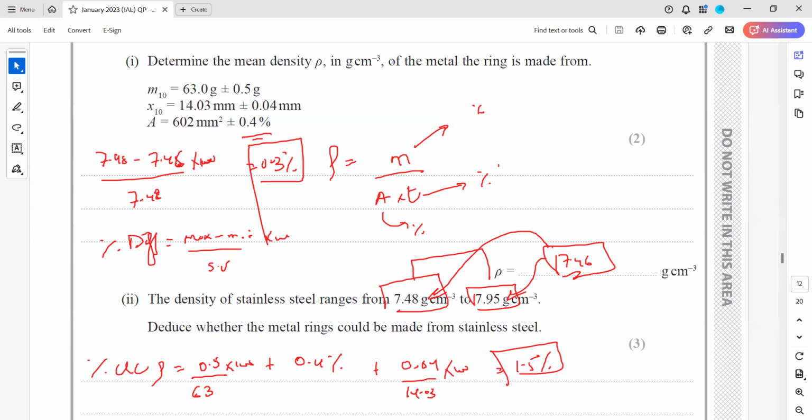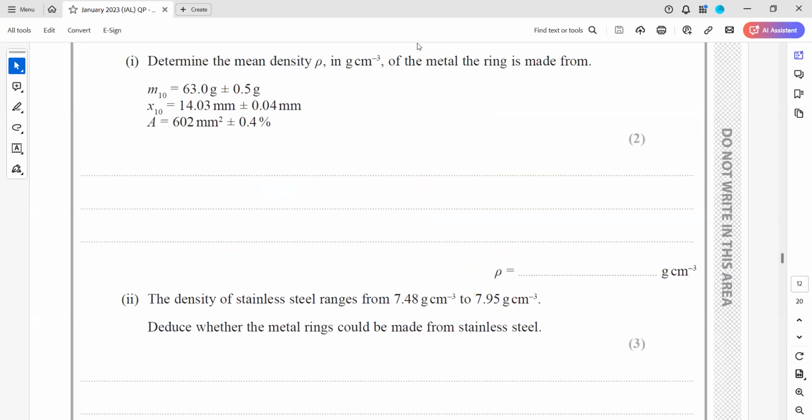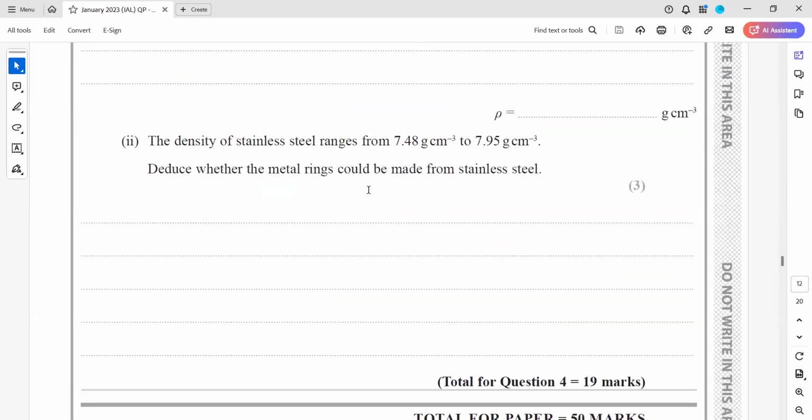Here the percentage difference is smaller than the percentage uncertainty. Because look, if the percentage uncertainty is more than the percentage difference, it means the two values are equal. But if the percentage difference is greater than the percentage uncertainty, it means the values are not equal. So here the total percentage uncertainty is higher than the percentage difference. It means that it can be made from stainless steel. Is it clear, this one?